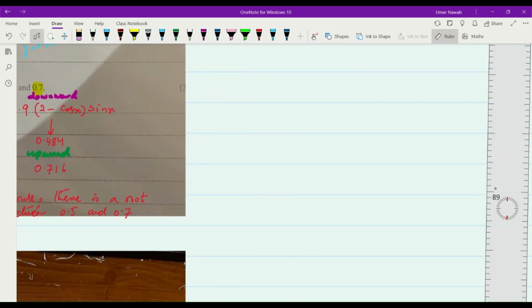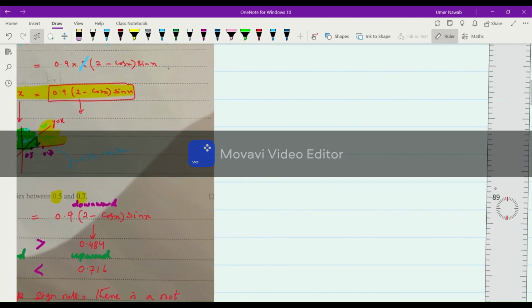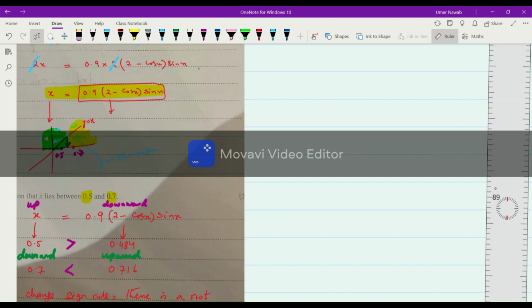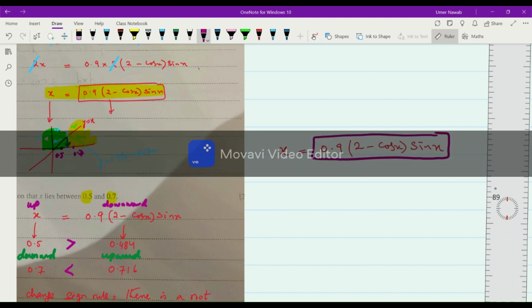And we can use another way. Maybe in the answering scheme, you will find a second technique. The second technique is this. People bring everything to the left hand side. I was having x is equal to 0.92 minus cosine of x and sine of x, rather than comparing the left and right hand side numerical answers. You can send the right hand side to the left.